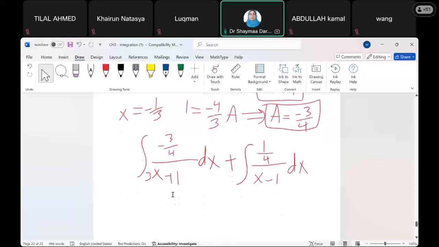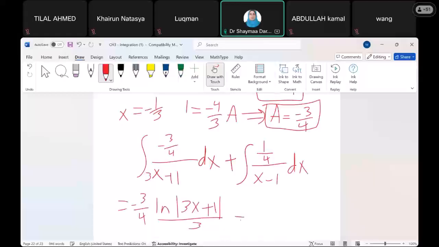Now these two integrals you can integrate. The first one is minus ln of 3x plus 1 divided by 3, plus ln of x minus 1. We have 1 over 4 outside, plus constant.